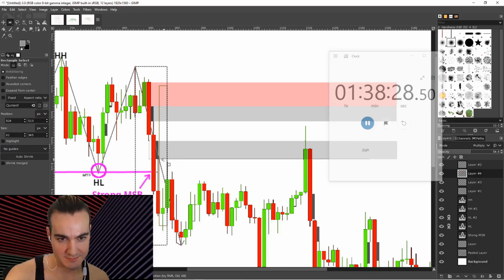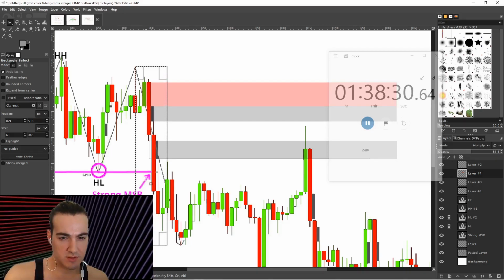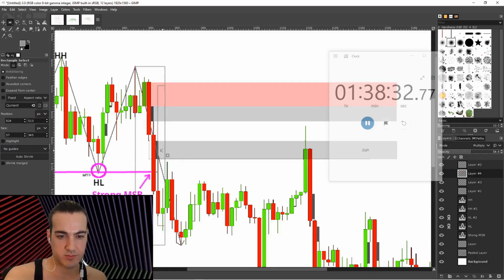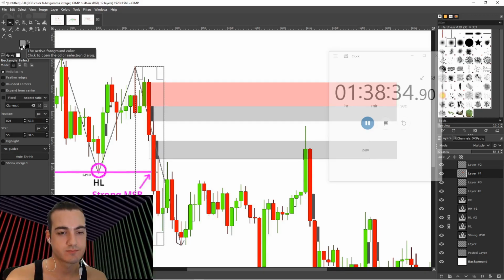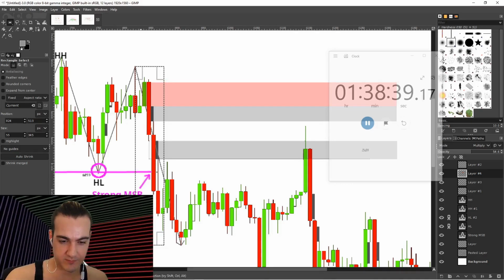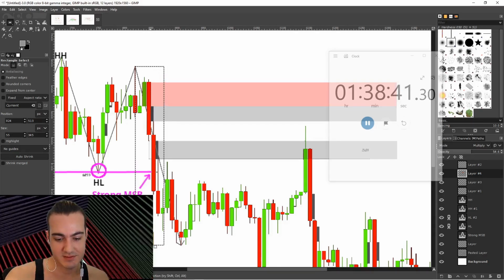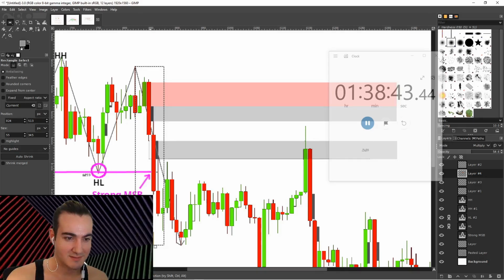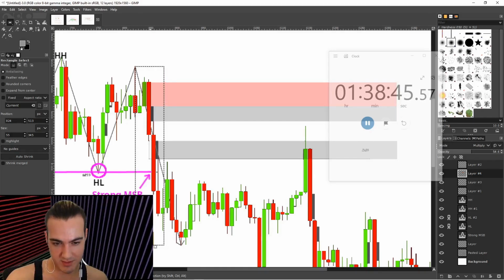So let's see. Let's draw the premium discount and the equilibrium line. This drop in pixel form is 345 pixels deep, so we'll take that to 172.